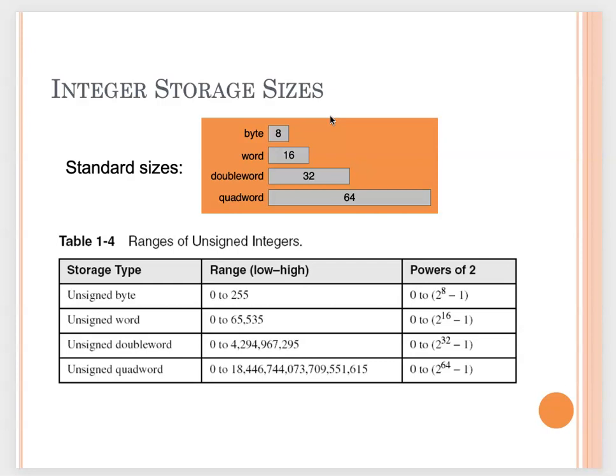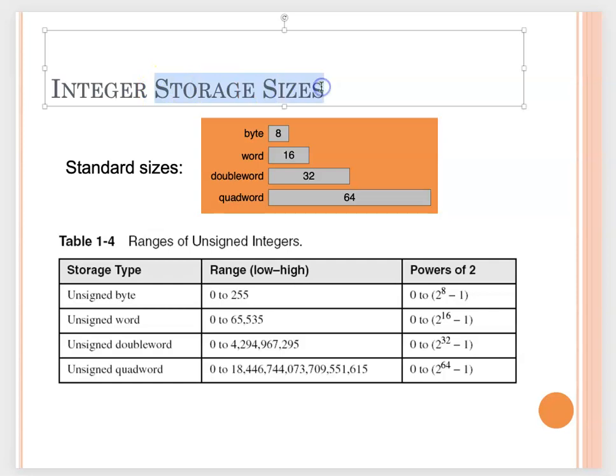So what does that mean? We only discuss integer values here. If I have an integer value occupying 4 bytes, how much value can be stored in that location depends on your storage size.